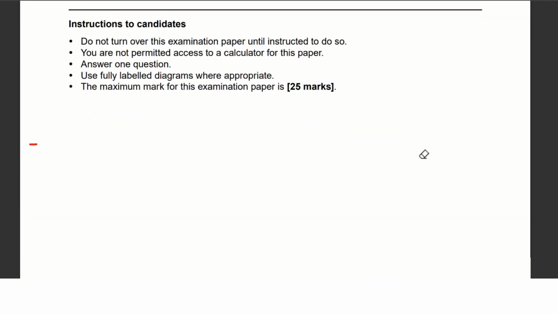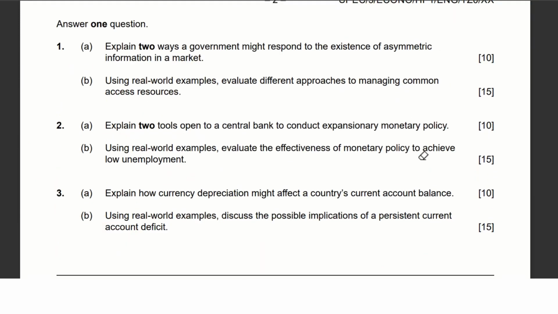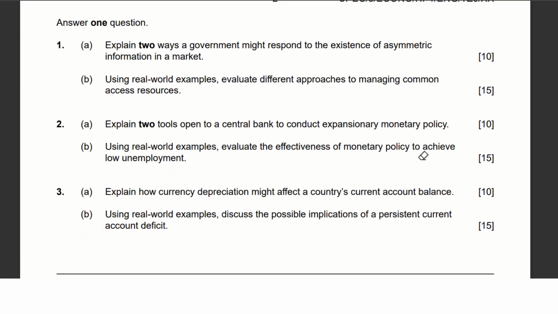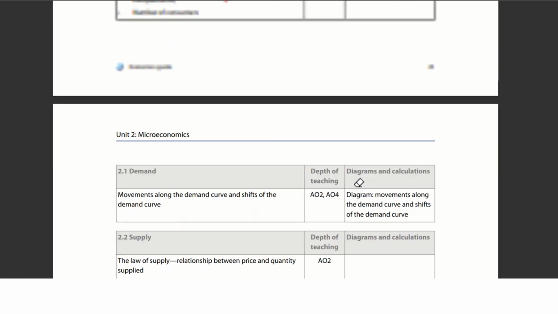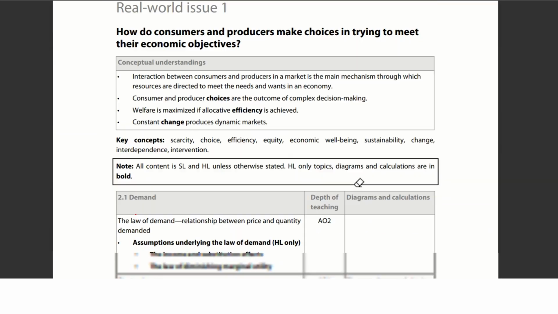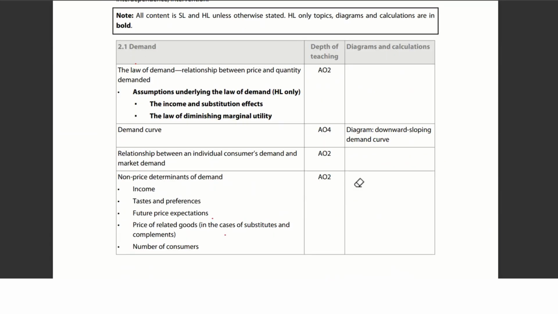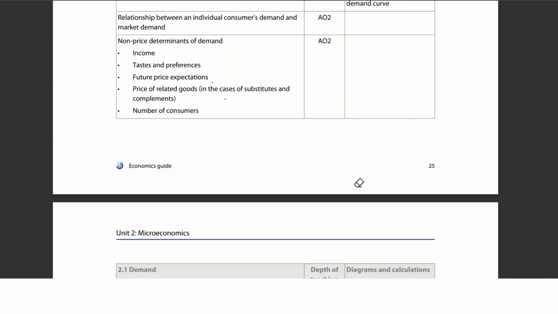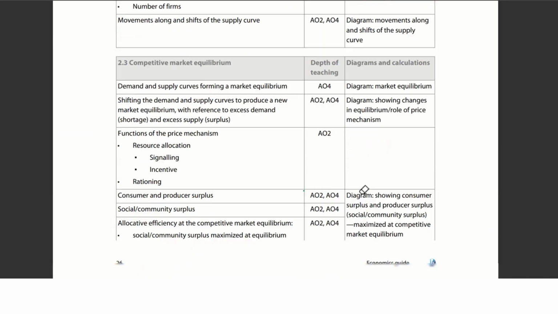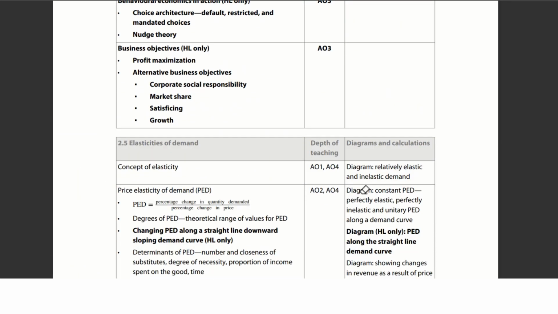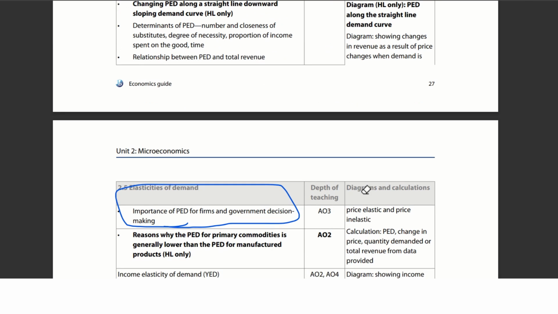Also, you have to be thorough in all the key economic concepts, theories and key contents. You have to be thorough in the entire syllabus, and then only can you score better marks in this part. If you don't know it completely, it will be a little challenging.